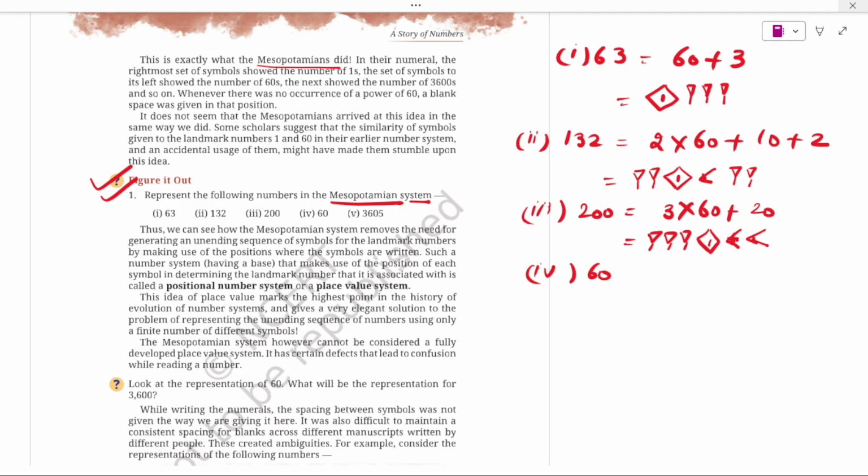Fourth one is 60, this is correct. Fifth is 3605, which can be represented as 1 time 3600 plus 5. So this will be the sign, 1 time obviously will be this, and then 5.